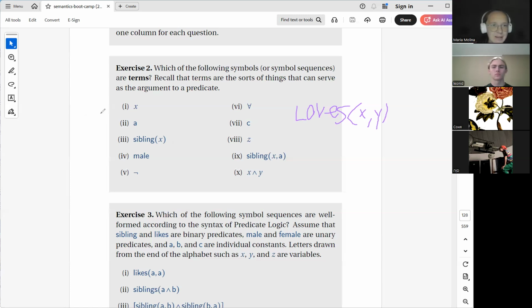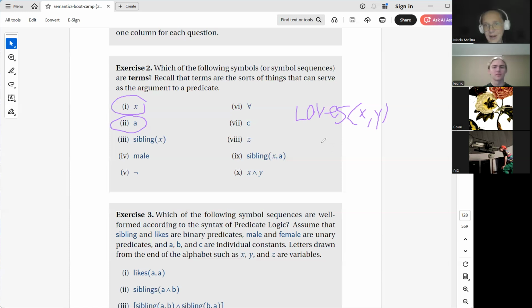So can X serve as the argument to a predicate? Yeah, easily. That can be an argument. Now, can a name like Alex serve as the argument to a predicate?